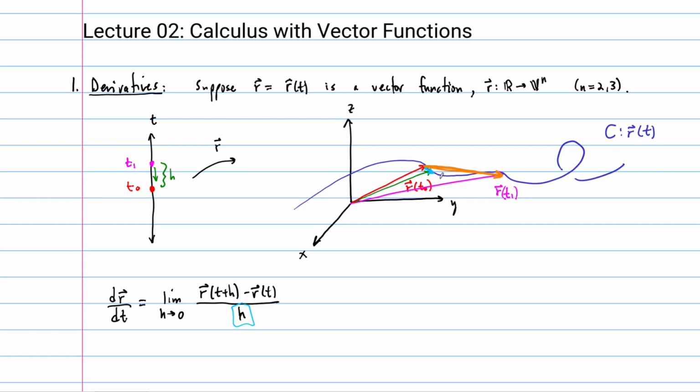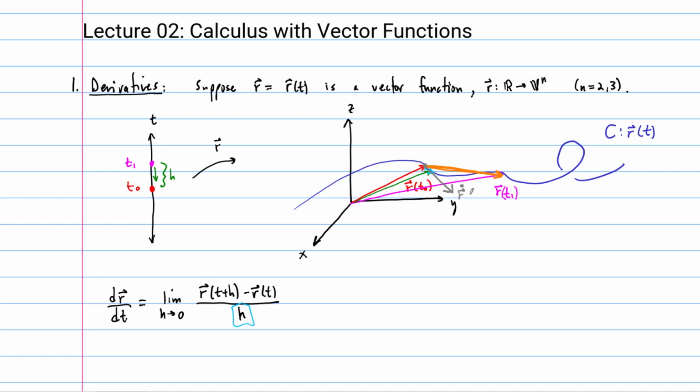And then as h approaches 0, then t1 will approach t naught. And so what we end up with is a vector that is tangent to the curve up here. And so this one is the derivative of r at t naught, okay?